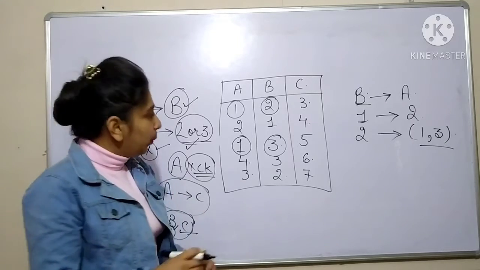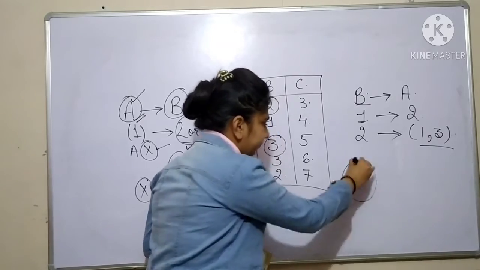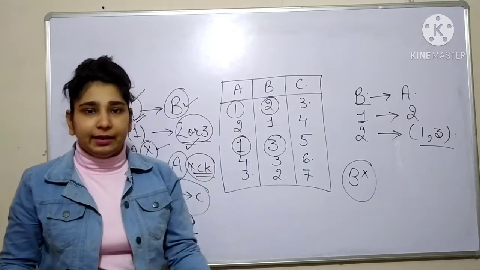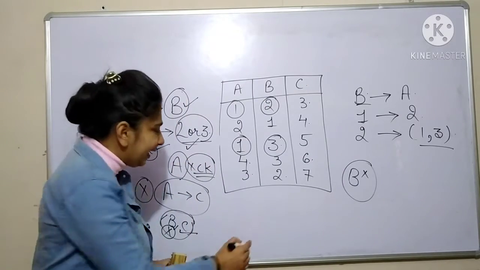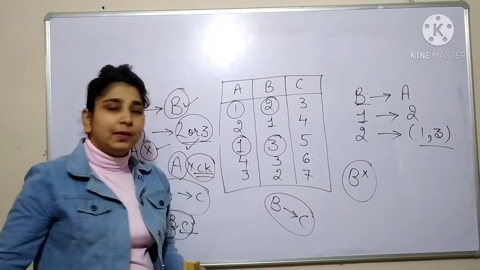So B cannot be the candidate key. With the help of B, you are not able to determine A. And we don't need to check if B can determine attribute C or not.